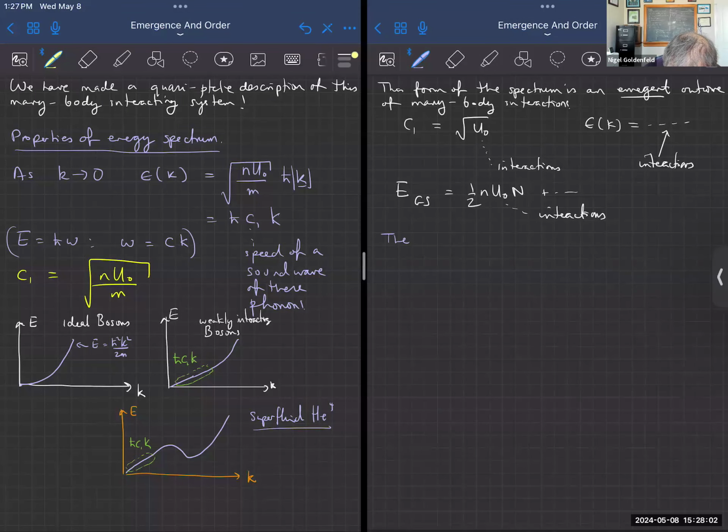The quasi-particles are a linear combination of the AKs and the AK daggers of the real particles.